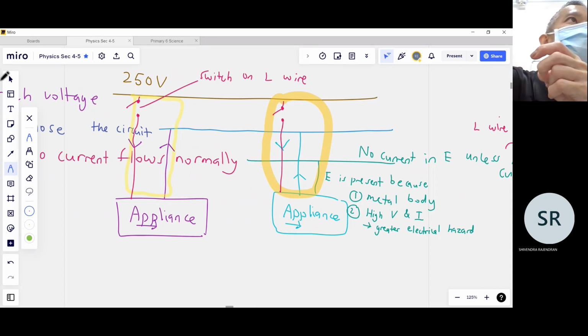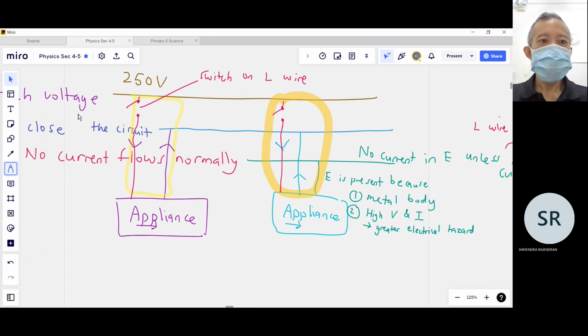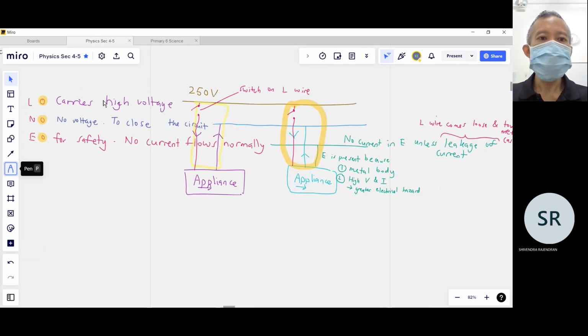Why is it on the live and not on the neutral? Remember, the live carries the high voltage. So if you want to switch it off, once you open this switch, the appliance is no longer live, and you are safe to work on the appliance.